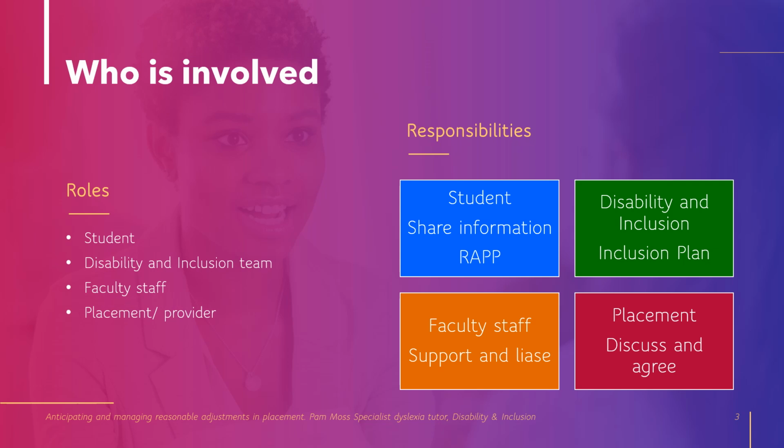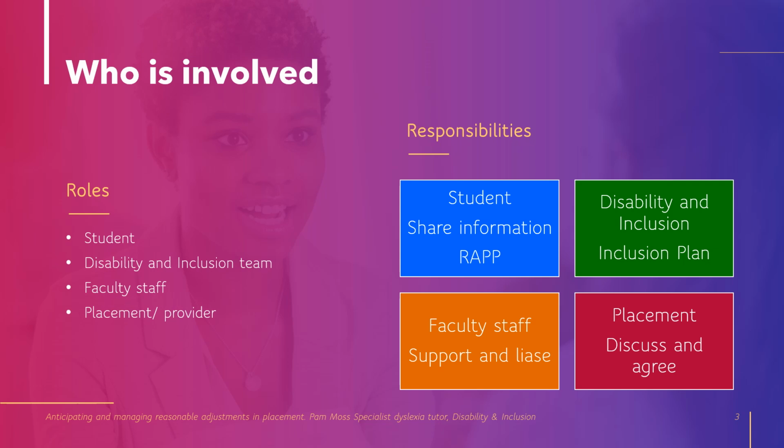In terms of the faculty, in the first instance, if a student has not undertaken a placement before, then their role and responsibility is to support that student in identifying and recognising what challenges they may have and what support is available to them in terms of reasonable adjustments.